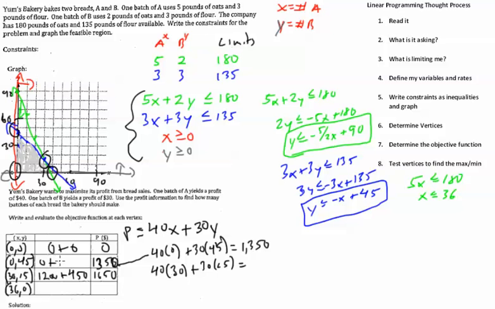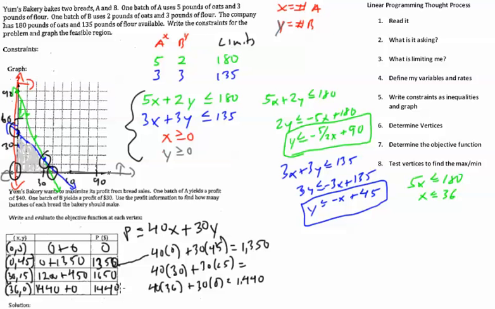Here it was 0 plus 1,350, just to fill in my table. So now I got 1,650, and on my last one, I've got 40 times 36 plus 30 times 0, and 40 times 36 is 1,440. So I've got 1,440 plus 0 is just 1,440.